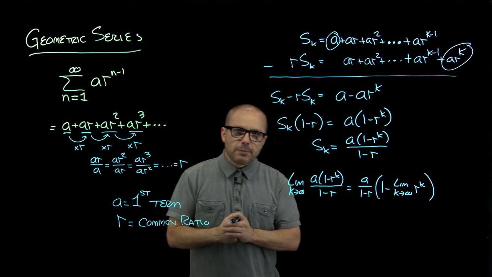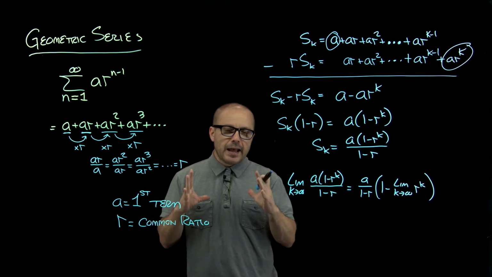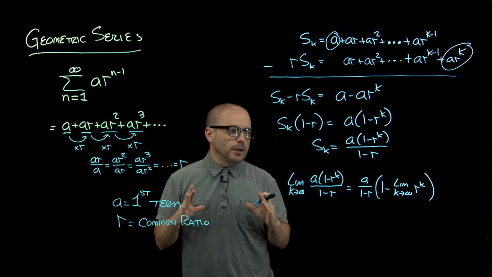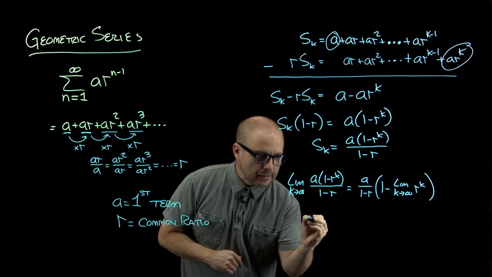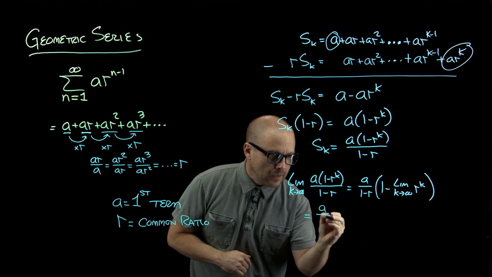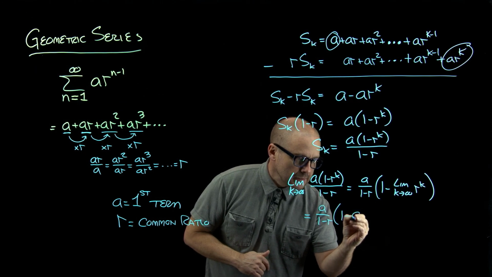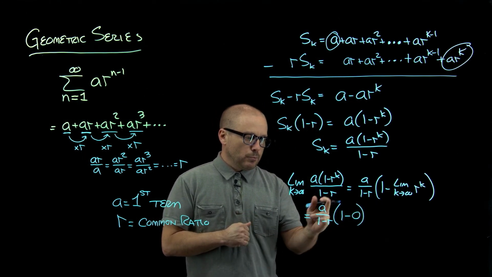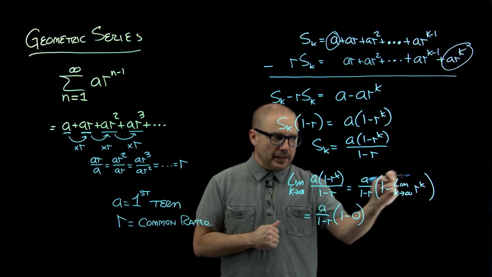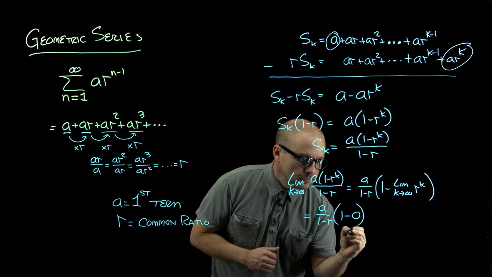Well, think back to Theorem 5. When is that going to converge? When the absolute value of r is less than 1. So we know that this equals a over 1 minus r times 1 minus 0, provided that that is less than 1 in absolute value. That's what Theorem 5 said.